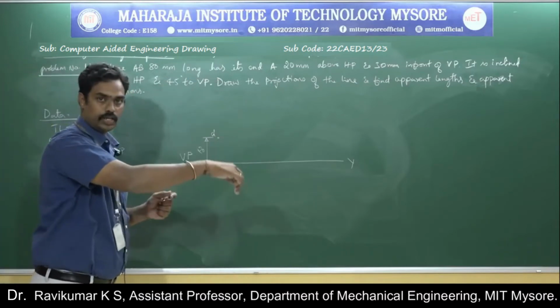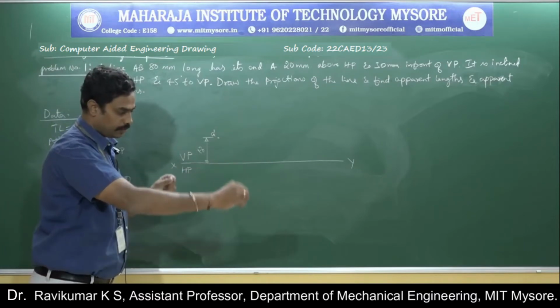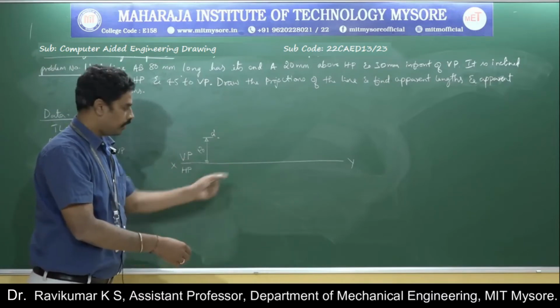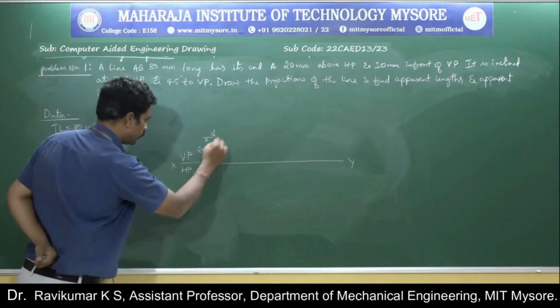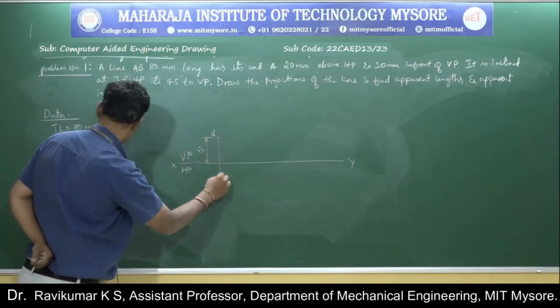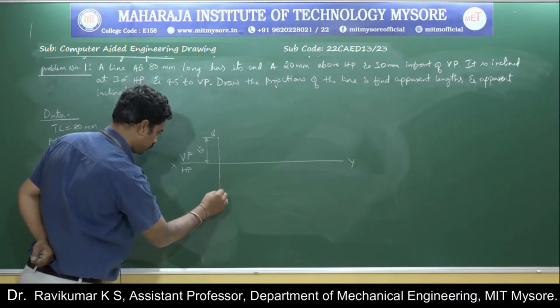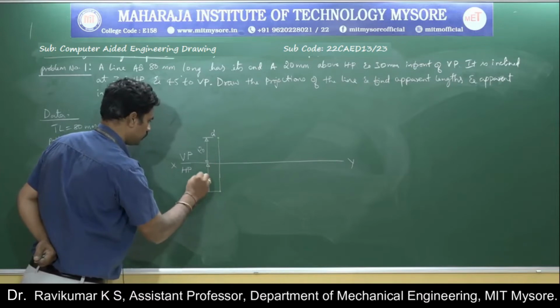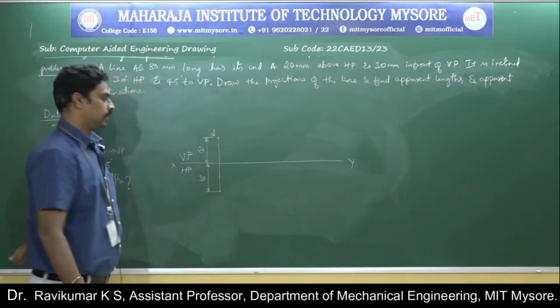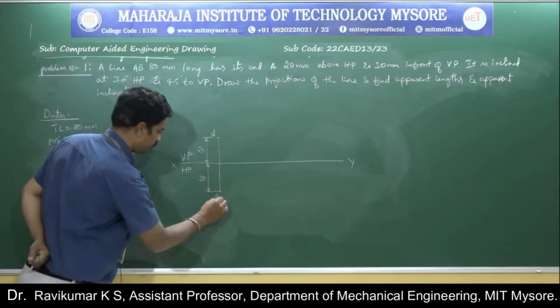In the top view it will fall on the horizontal plane. Once you tilt it, it will fall below the XY line. So measure 30 mm below the XY line and write the point A.